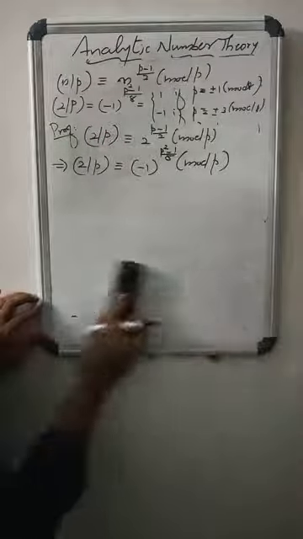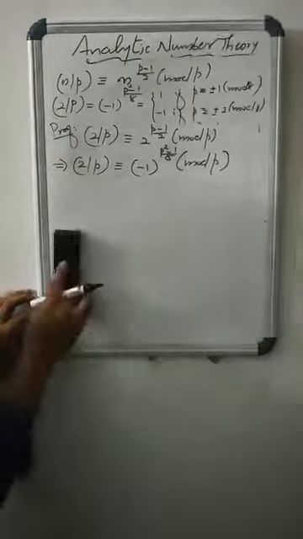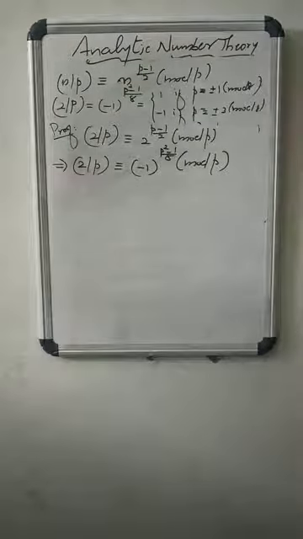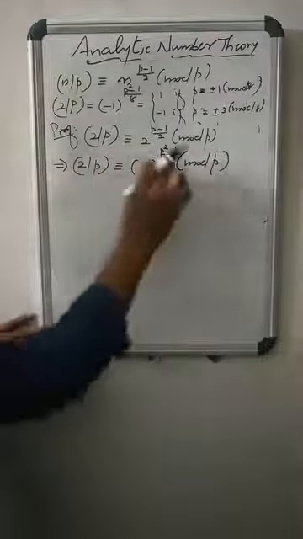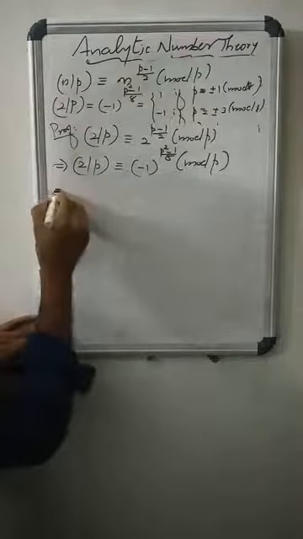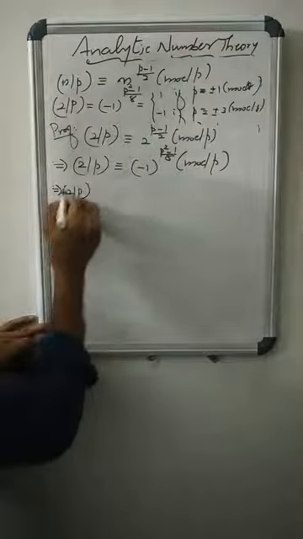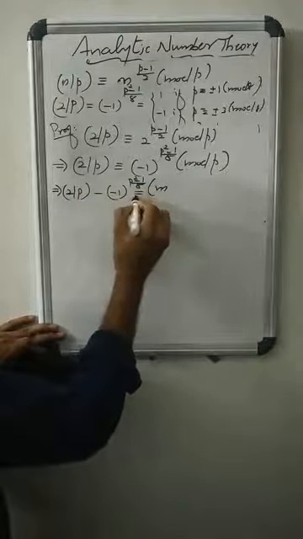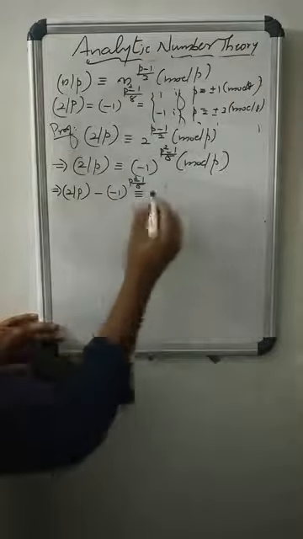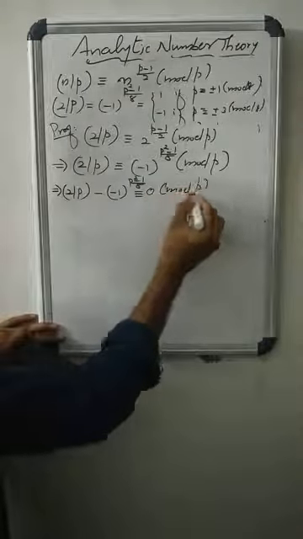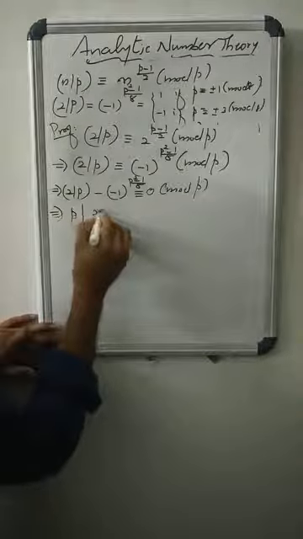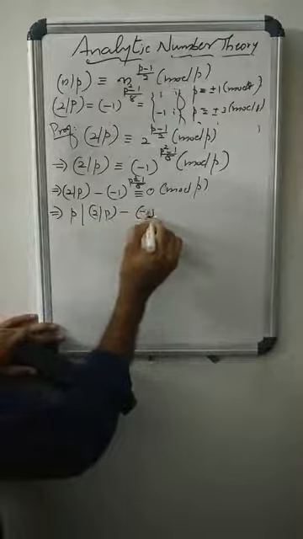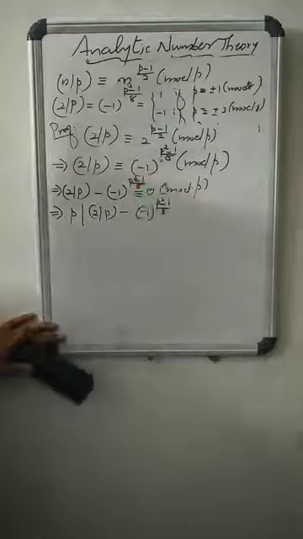Now it remains to show that it is 1 whenever p ≡ ±1 mod 8 and -1 provided p ≡ ±3 mod 8. That's the final requirement. Now here (2/p) ≡ (-1)^((p^2-1)/8) mod p, so p divides this difference, (2/p) - (-1)^((p^2-1)/8).